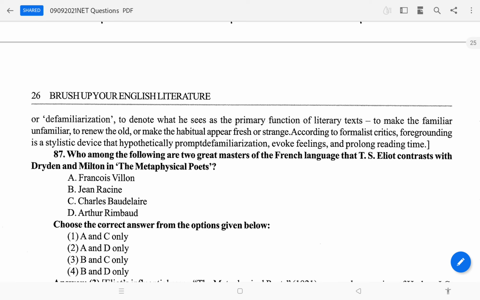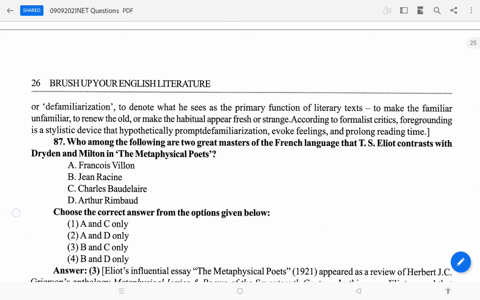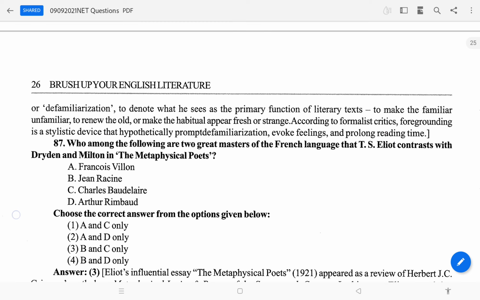According to formalist critics, foregrounding is a stylistic device that hypothetically prompts defamiliarization, evokes feelings, and prolongs reading time. So what is foregrounding? Foregrounding is a stylistic device that hypothetically promotes defamiliarization. So it promotes defamiliarization, evokes feelings and prolongs reading time.